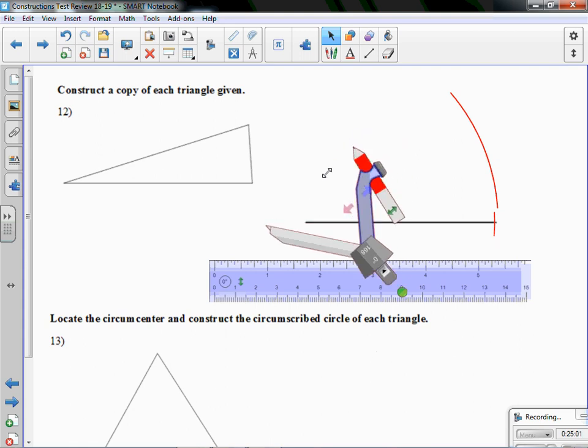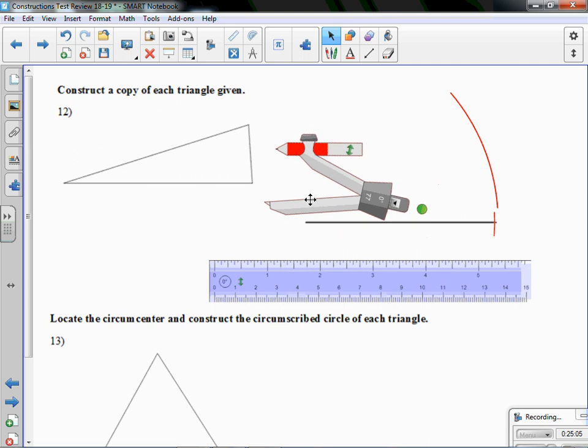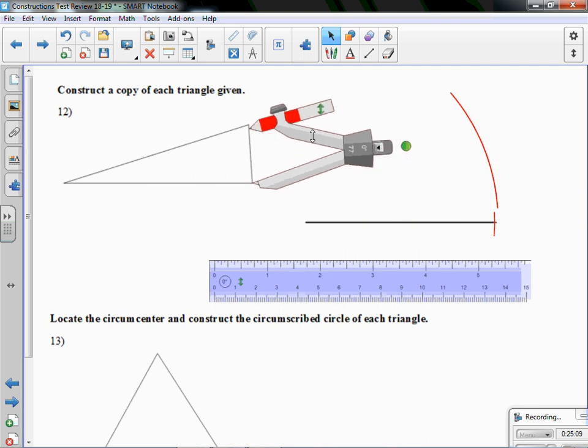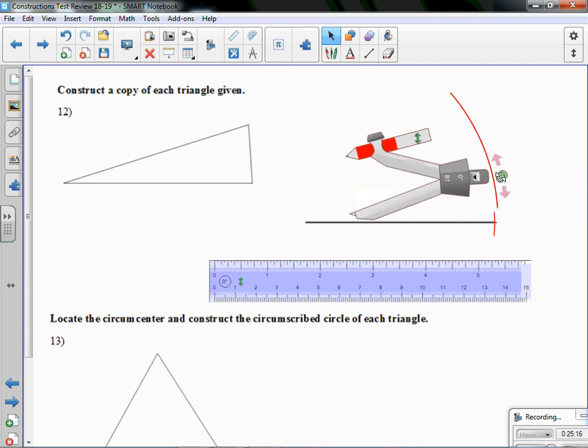Then I'm going to take my compass and measure the other side length. So. Then take my compass over here.